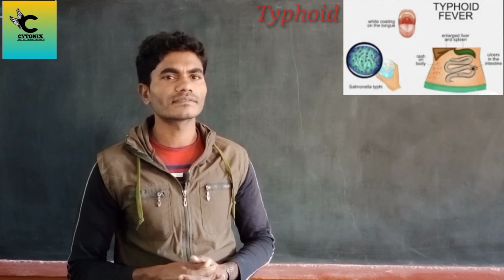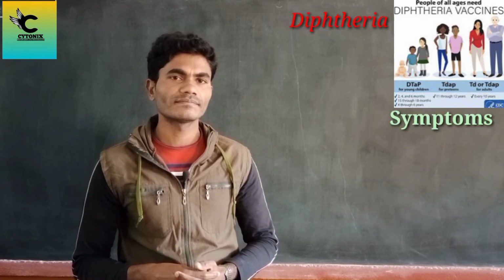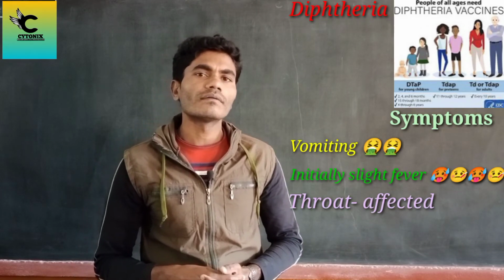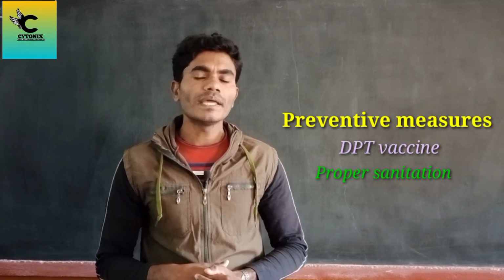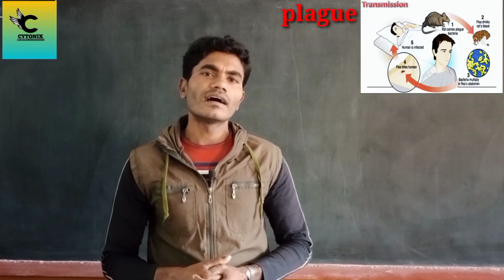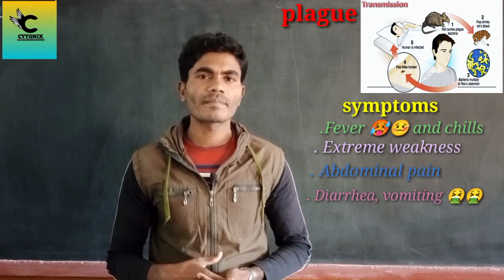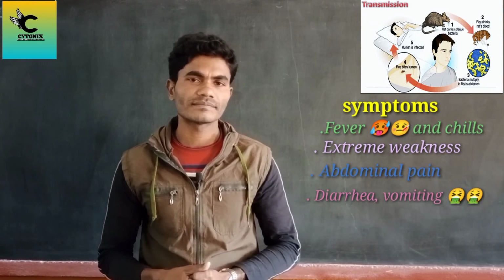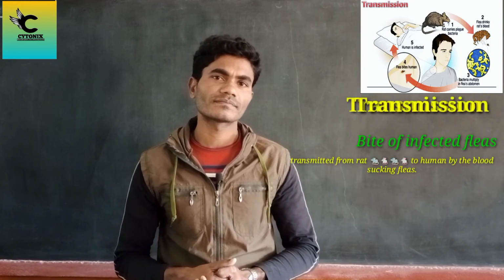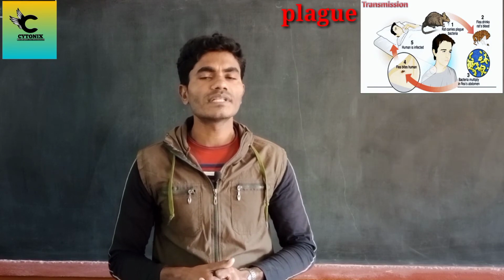Next we will see diphtheria. It also has vomiting and dehydration. The general prevention of diphtheria is proper sanitation. Then the fifth one we will see is plague. Initially it begins with a slowly increasing fever, abdominal pain and headache, chilling and irritation. The mode of transmission is the bite of rats, and it is also transmitted by rats through the blood and through flies.